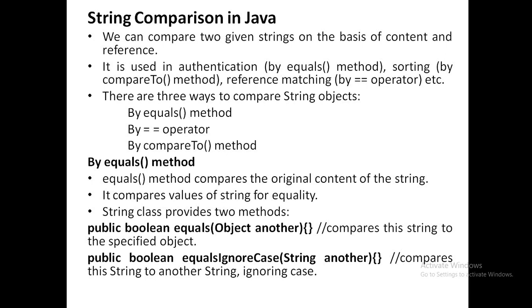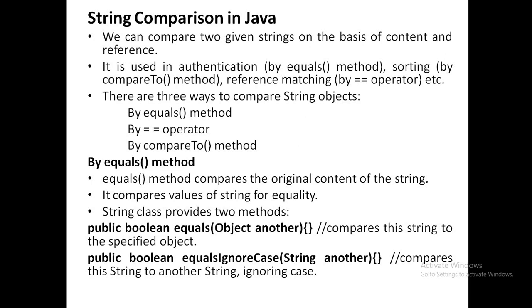It is used in authentication by the equals method, sorting by the compareTo method, and reference matching by the double equal to operator. There are three ways to compare string objects: by equals method, by double equal to operator, and by compareTo method. The equals method compares the original content of the string.